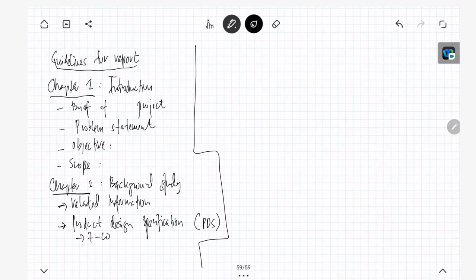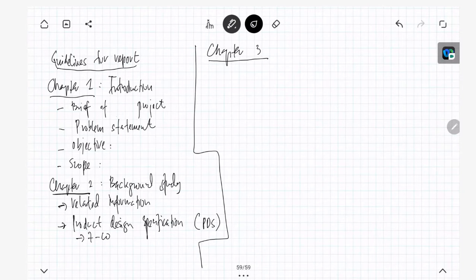So after you have chapter 1, chapter 2, and then normally chapter 3 in the design process is concept generation, where you have the morphological chart and your ideas. But in this topic, for example, you have already chosen.